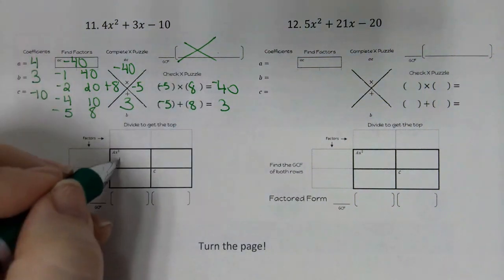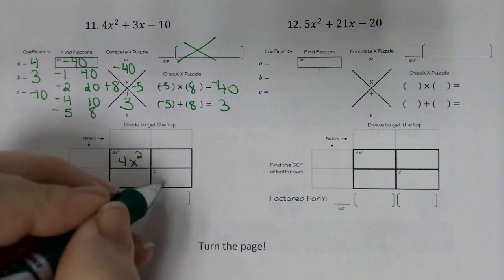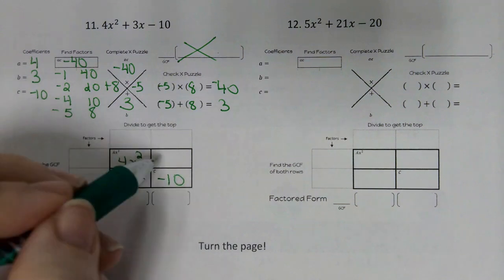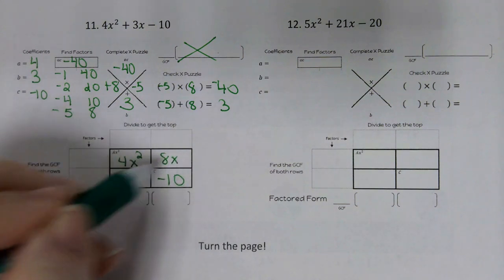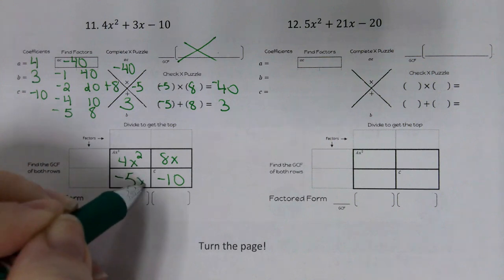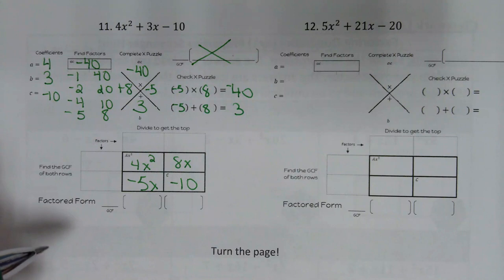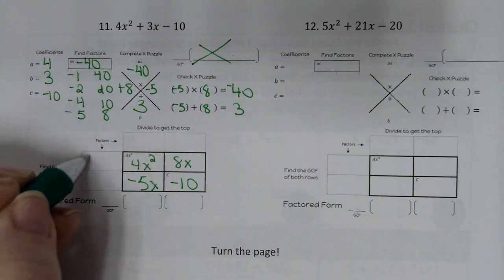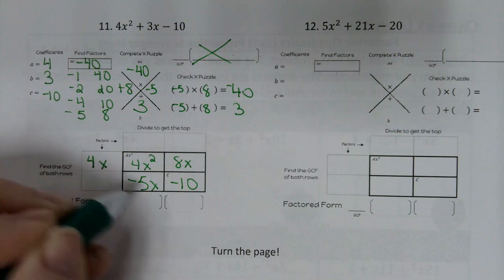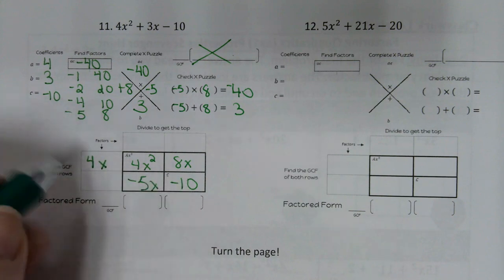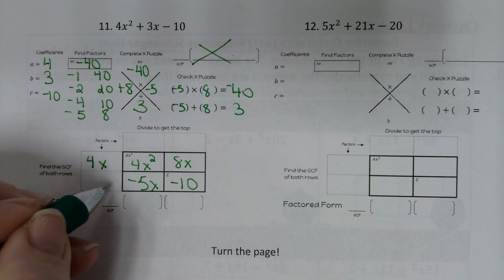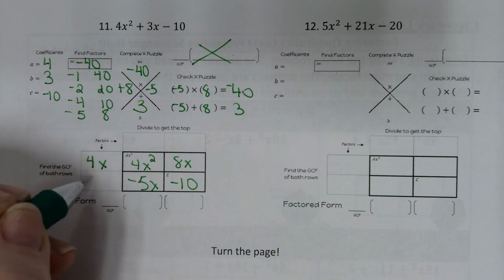First term, first box. Last term, last box. And then we'll have 8x and negative 5x. So what can I take out of the top row? I can take a 4 and an x. Out of the bottom row, I can take a negative 5, because the 5 touching that box is negative.